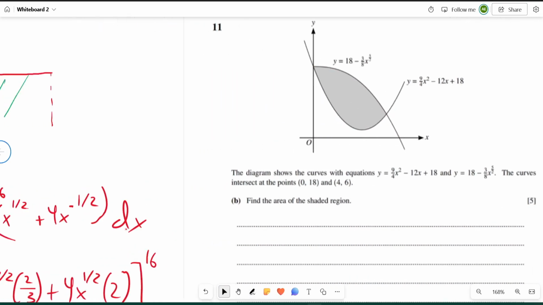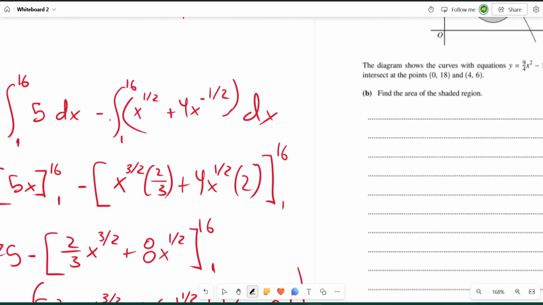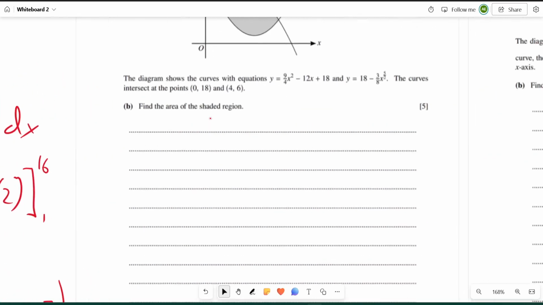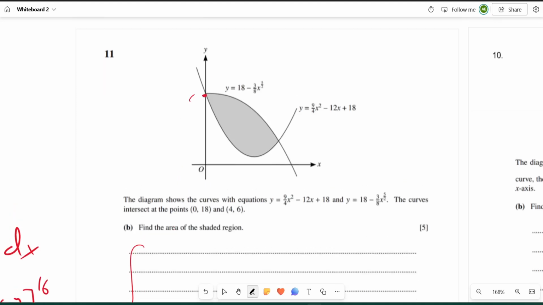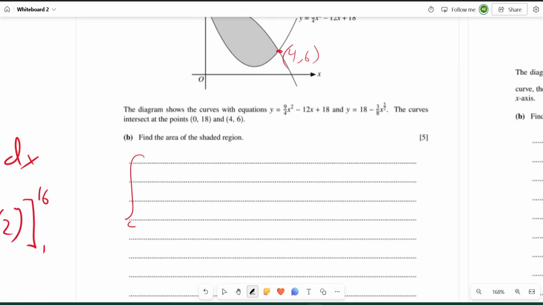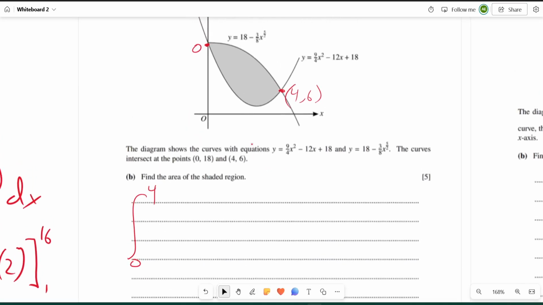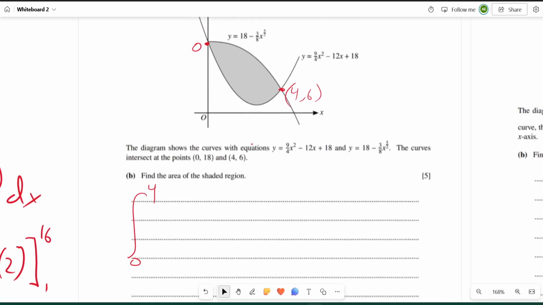Remember, in the last question, we wrote the integration of this area minus this area. What you can do also is subtract the two functions from each other. So you can do one big integration from 0 until 4, where they intersect at (4, 6), of the top function minus the function on the bottom.